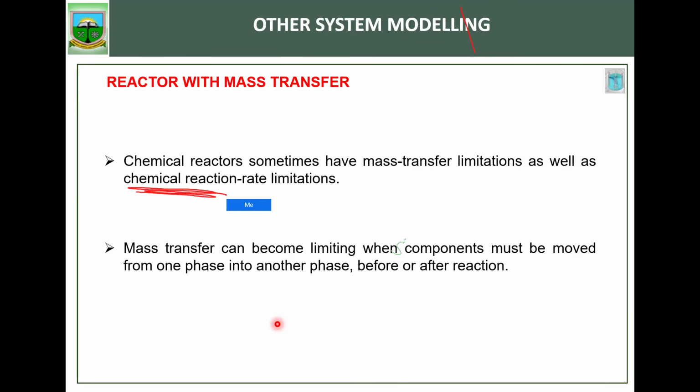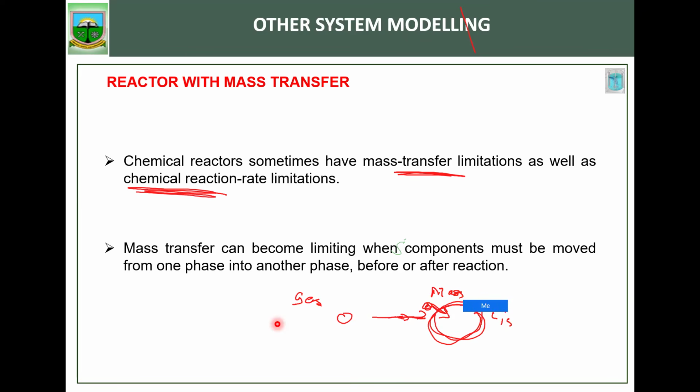You have a chemical reaction limitation and mass transfer limitation. Like I said, let's assume that you have a bubble of liquid here. Then you have gas. Now, when this one meets this, the gas must dissolve into this, which is due to what?